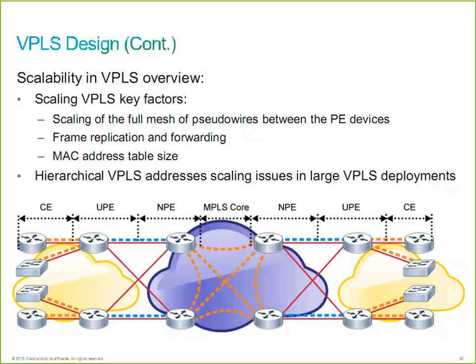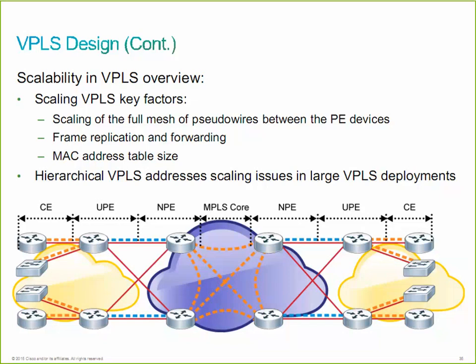Two types of provider edge devices are defined in this HVPLS model. User-facing provider edge, which is called the UPE device. UPE stands for user provider edge, and that's going to be the user-facing device.